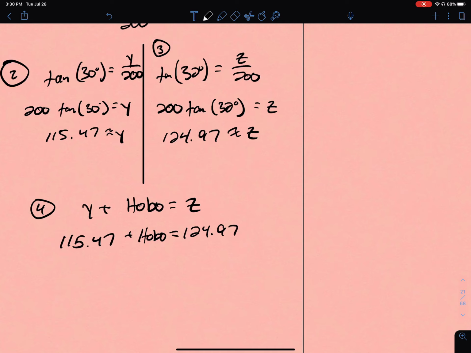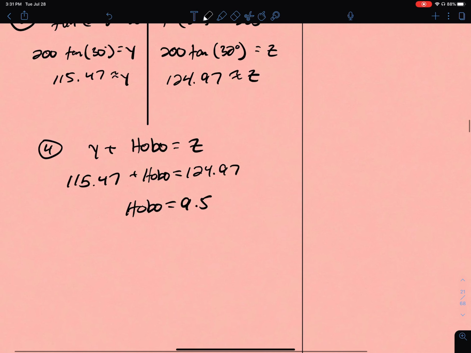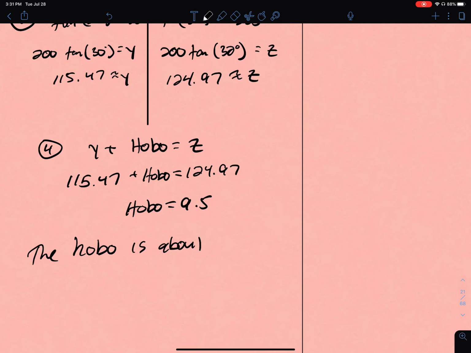You subtract 115.47 from both sides, you get that the hobo is 9.5 feet tall. He's 9 feet 6 inches is what that's saying. Sentence answer, the hobo is about, we use rounded numbers, 9.5 feet tall.